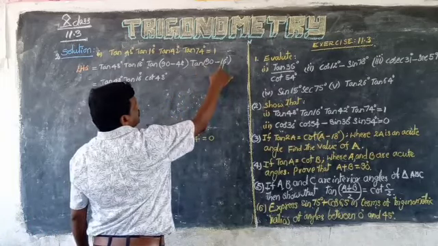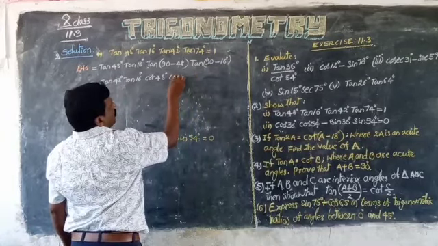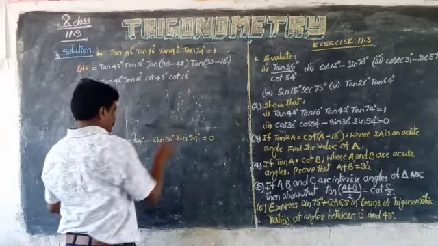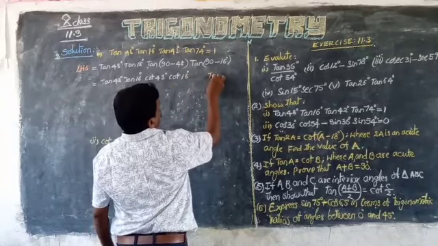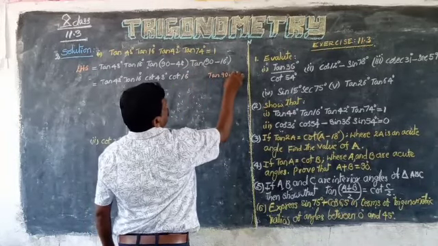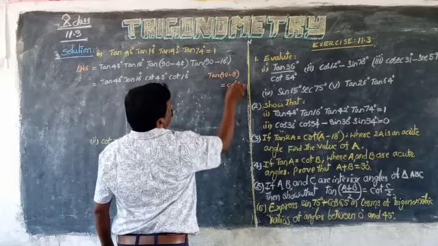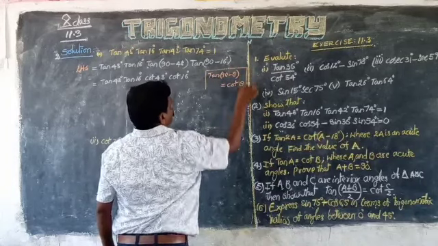Tan 90 minus theta is cot theta, so this is tan 48, tan 16, cot 48, cot 16 degrees. Tan 90 minus theta is equal to cot theta, we knew that.